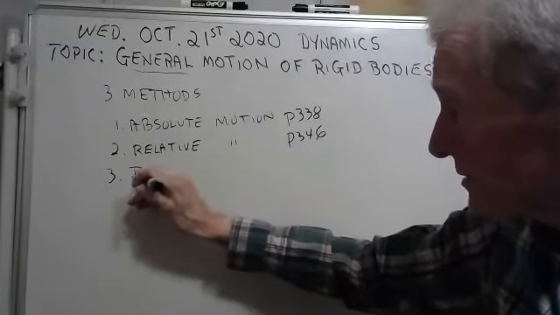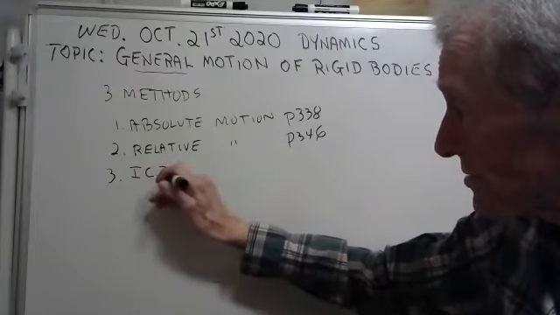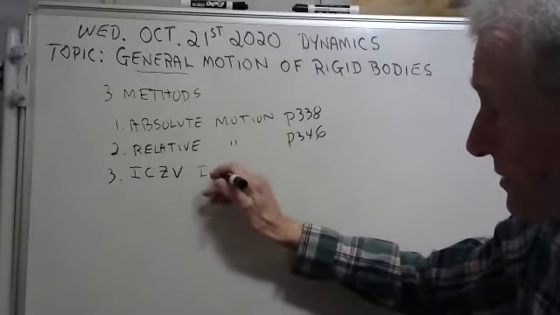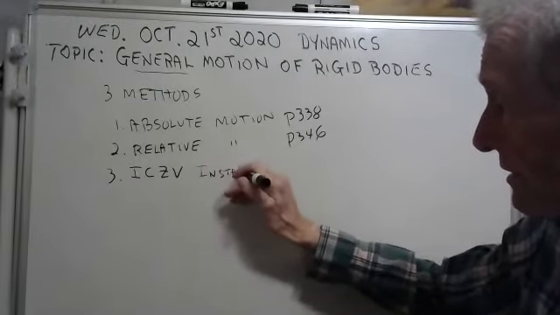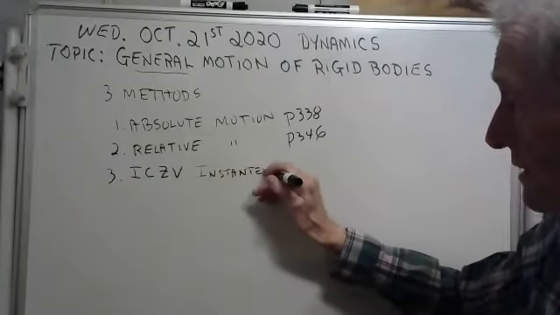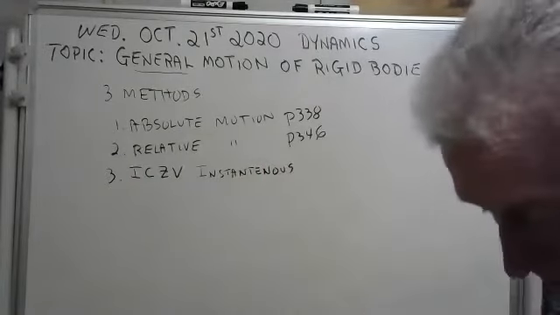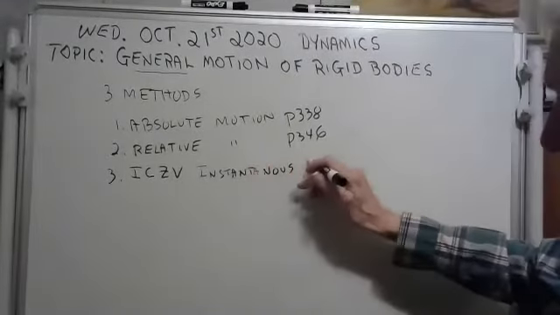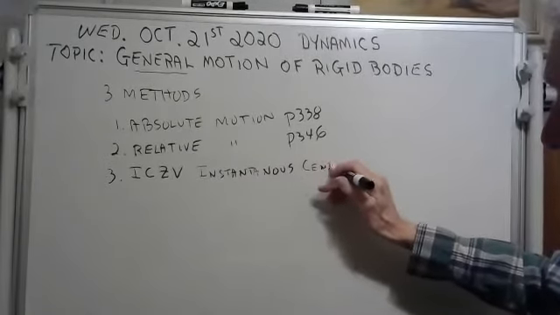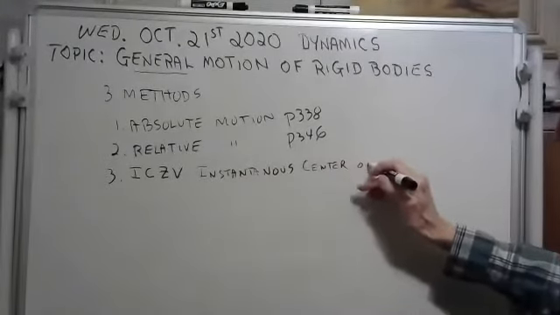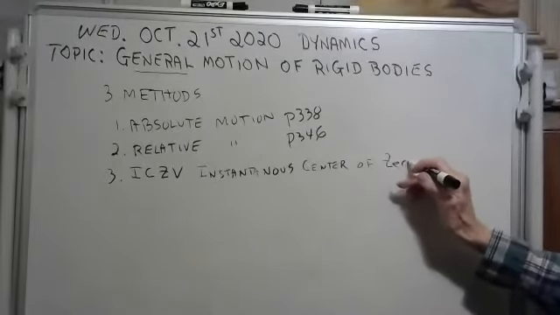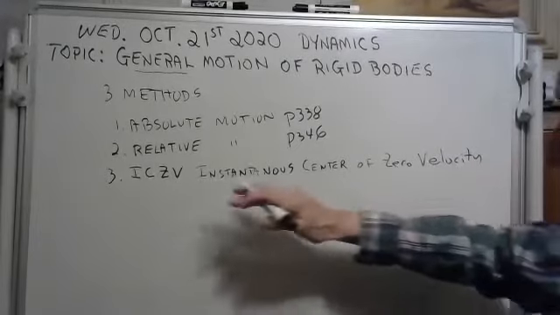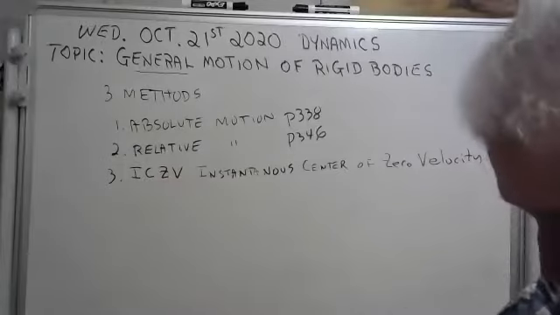I call it the ICZV method, but it stands for the instantaneous center of zero velocity. It's the ICZV method.